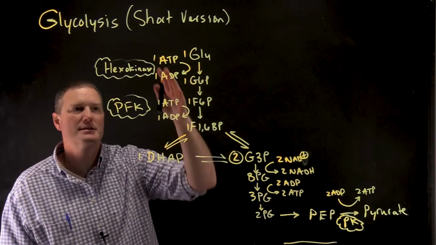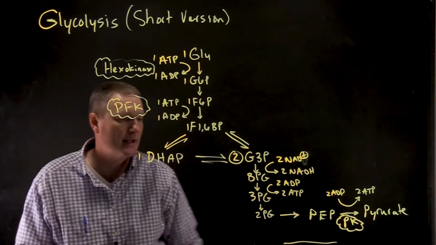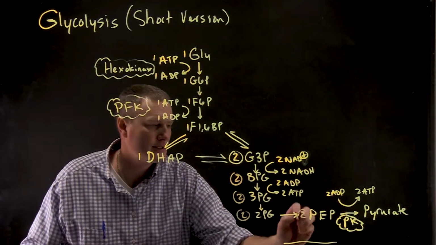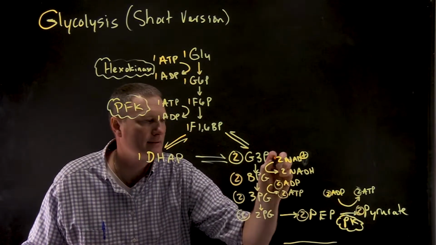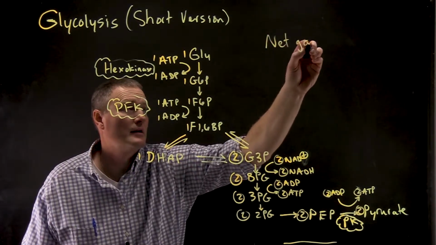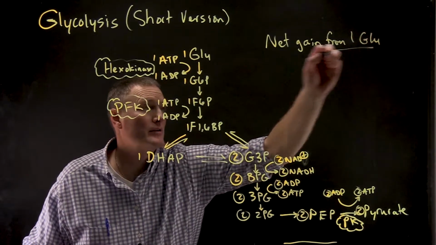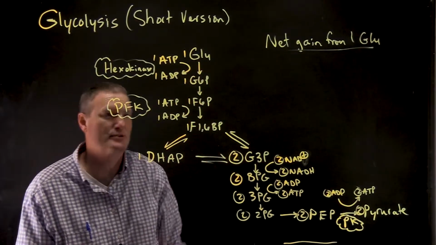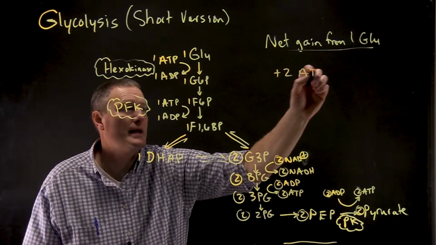If we were to summarize our total net gain here from 1 glucose, we would get then 2 pyruvates. So again, there's a 2 in front of each of these, and there's 2 in front of each of these ADPs and NADHs. So the net gain from 1 glucose, you could either say 1 mole of glucose or 1 molecule of glucose as it proceeds through glycolysis, would be overall a net gain of plus 2 ATP.